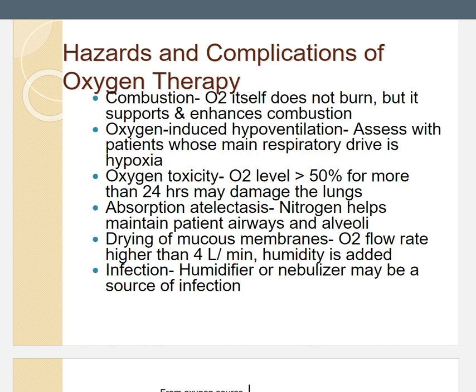And what oxygen toxicity entails is if we give these high levels for more than 24 hours, it can actually damage the lungs, okay? And sometimes it can be as long as 48 hours.